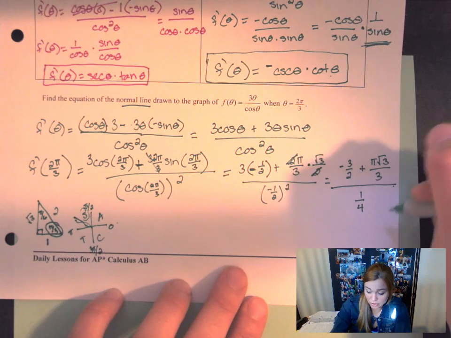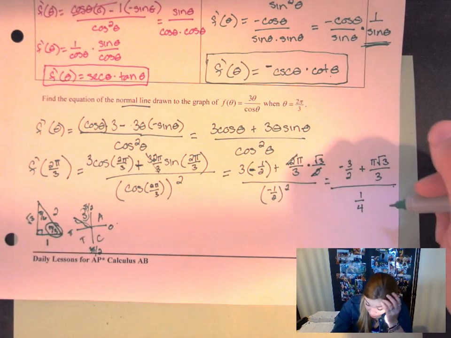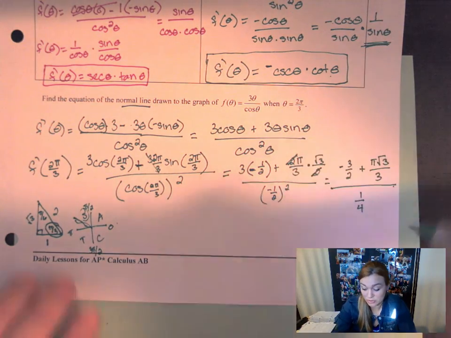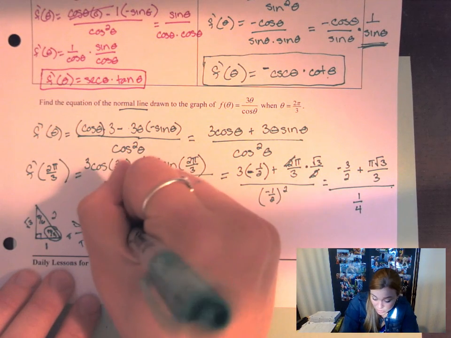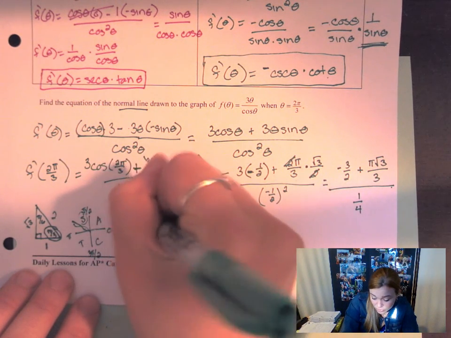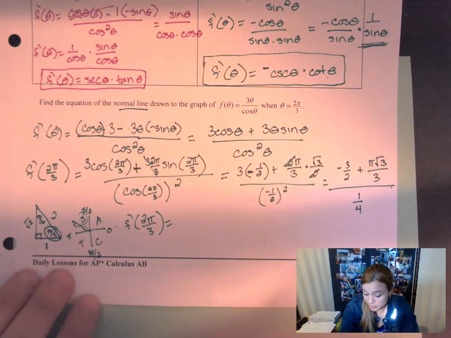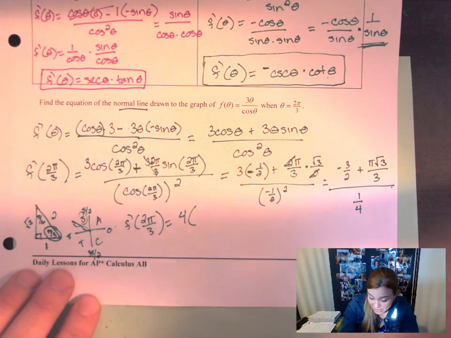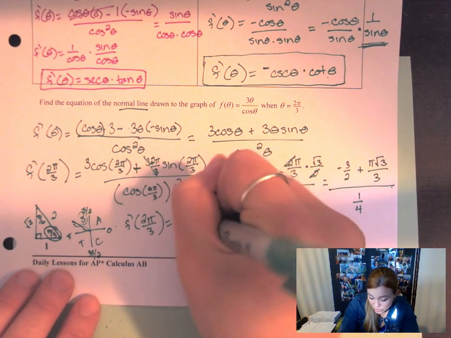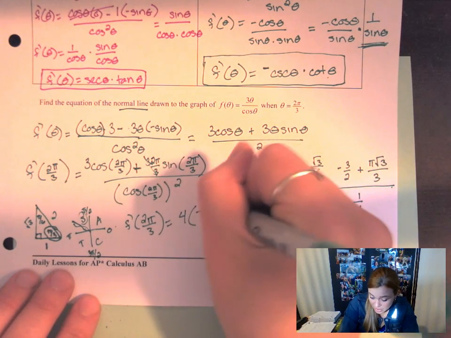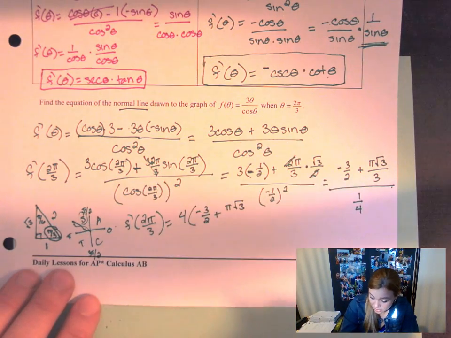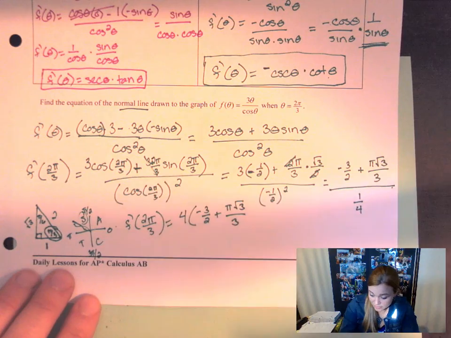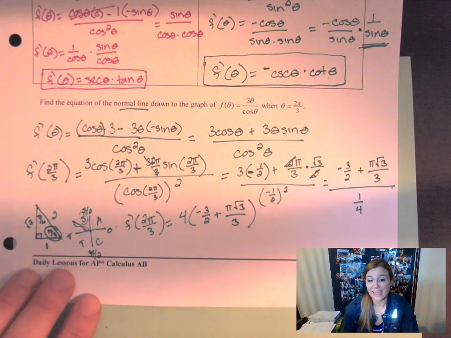So 4 over 1 in the numerator, 4 over 1 in the denominator. Dividing by 1/4 is the same as multiplying by its reciprocal. So I can say that f prime of 2 pi over 3 would be 4 times negative 3 over 2 plus pi root 3 over 3. And then I'm going to leave it there.